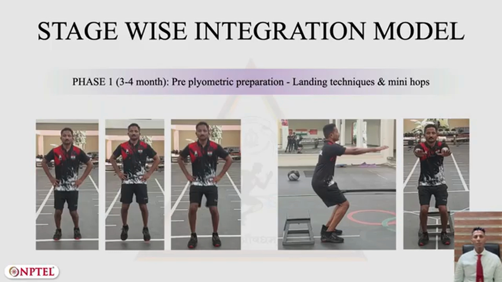The goal is to ingrain correct motor patterns before adding explosive demand. Athletes must demonstrate symmetrical control in these drills before advancing. Think of this as teaching the body how to absorb force correctly before generating it explosively.